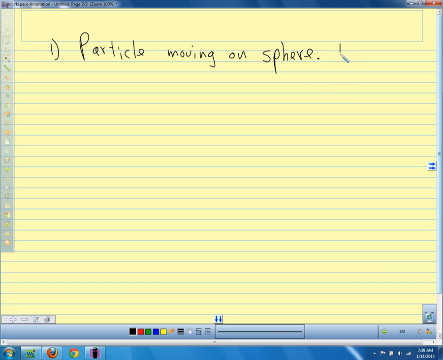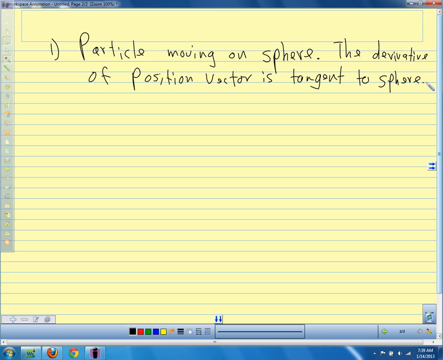The derivative of the position vector is tangent to the sphere. We're saying true or false? So we have two truths. And why would it be true?